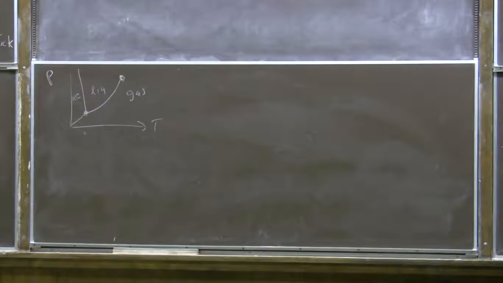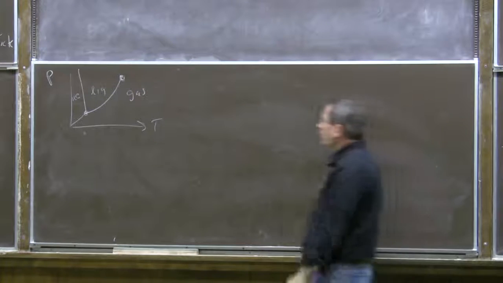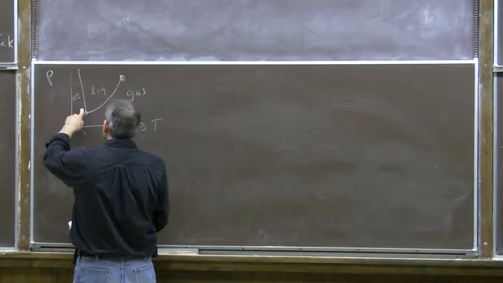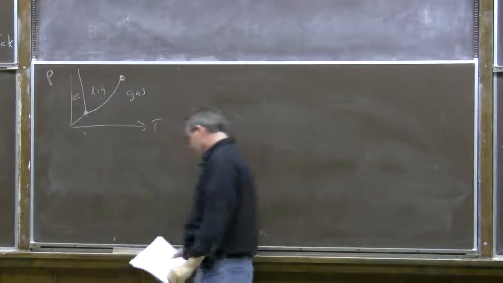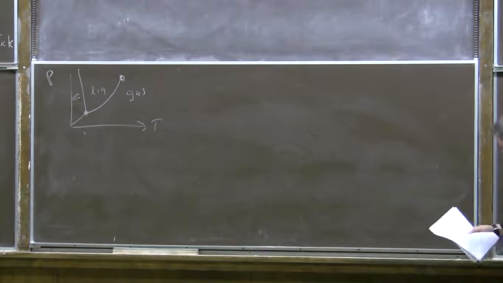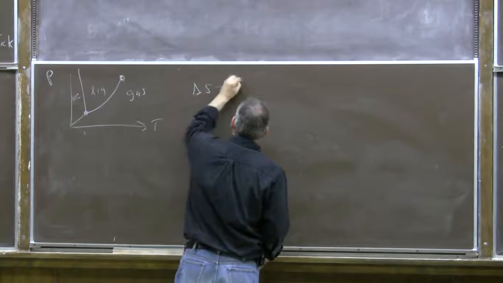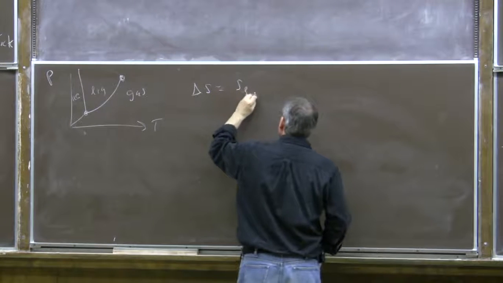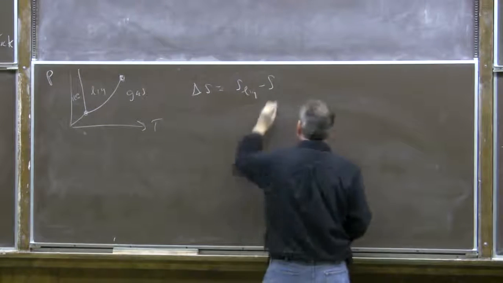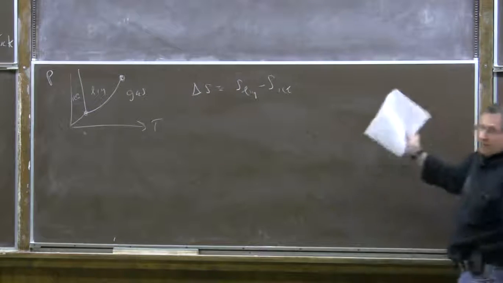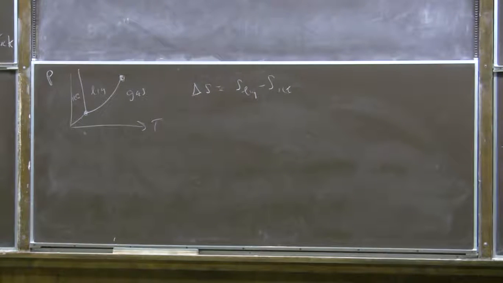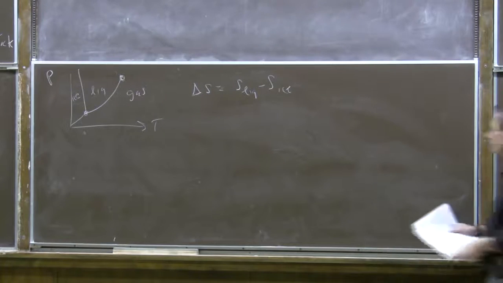Now I've drawn the coexistence curve between the ice and liquid water as having a negative slope, a negative dp d tau. Let's see, does that make sense? So now we're talking about delta S, the difference between the entropy of the liquid and the entropy of the solid, namely ice. Now, is that positive or negative? Right, we have to add heat to melt ice, so it's positive.